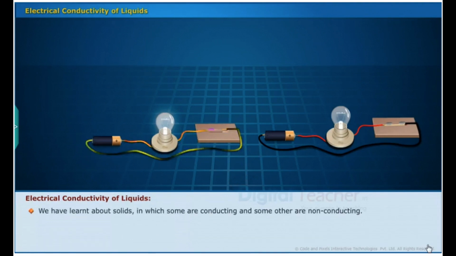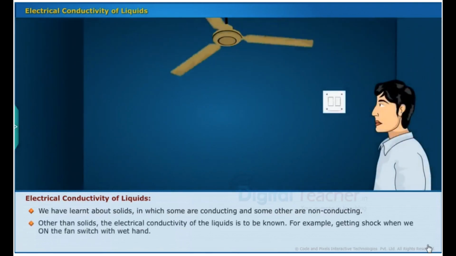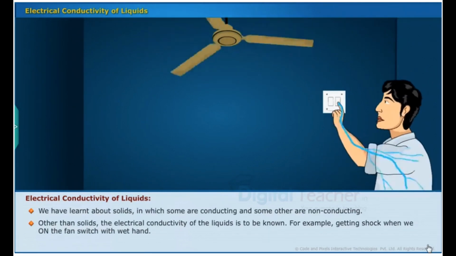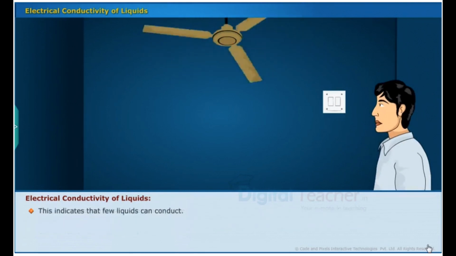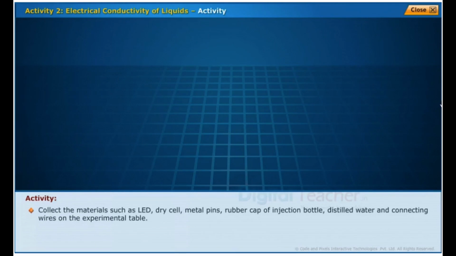We have learnt about solids, in which some are conducting and some others are non-conducting. Other than solids, the electrical conductivity of liquids is to be known. For example, getting shock when we on the fan with wet hands. This indicates that few liquids can conduct electricity.